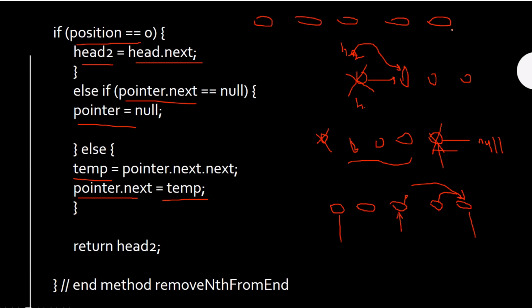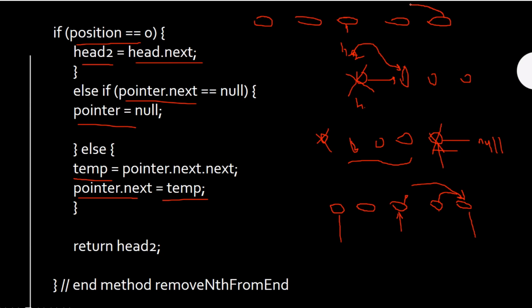Now if my pointer terminates at this position, at the end of my for loop, then I'm initializing my temp to be equal to my pointer dot next dot next.